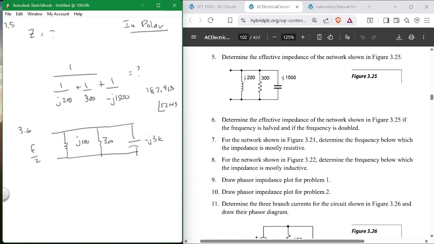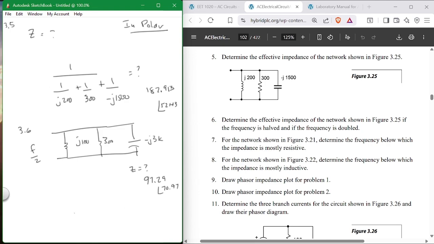If you double it, you go the other way. I'm not going to do those again, okay? But that's how that's done. Oh, by the way, if you were to do this, what would be the Z? I'll give you the answer that I got. It's 97.29 at an angle 70.97.